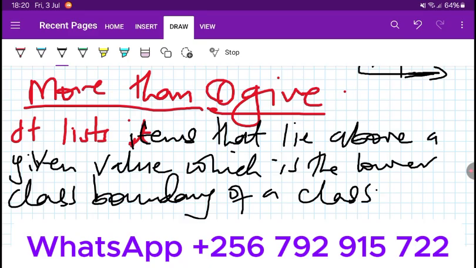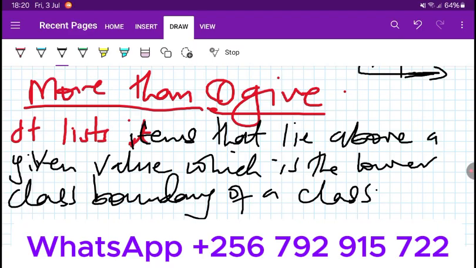The questions that follow after we have constructed those, especially from the past paper questions, are not all that asking how many are going to be above a certain value.